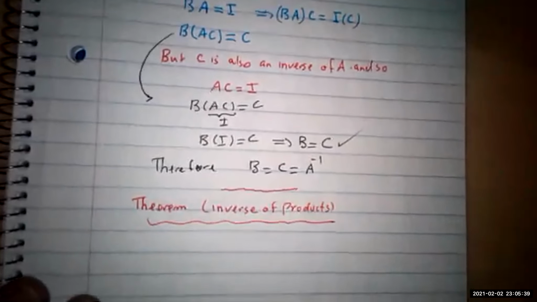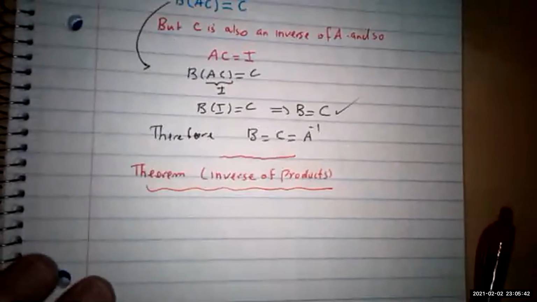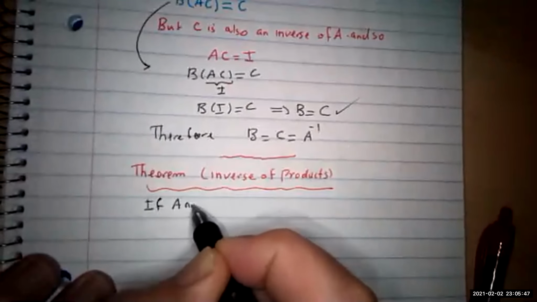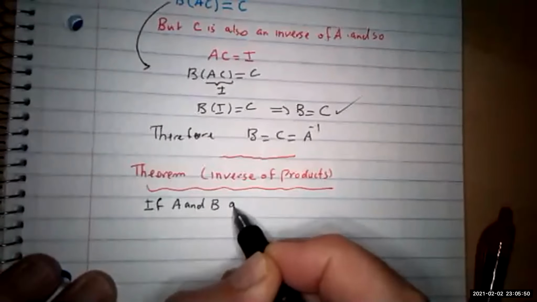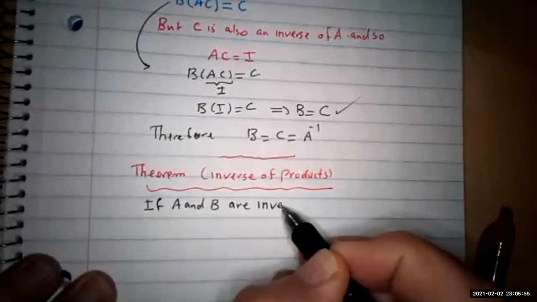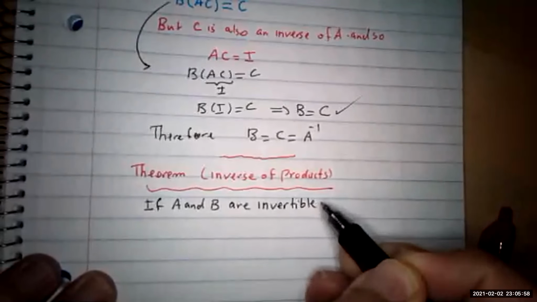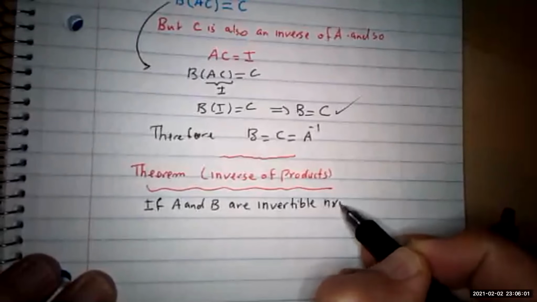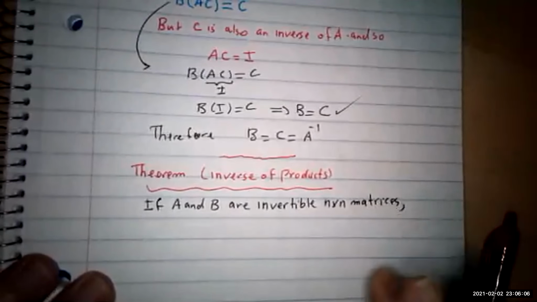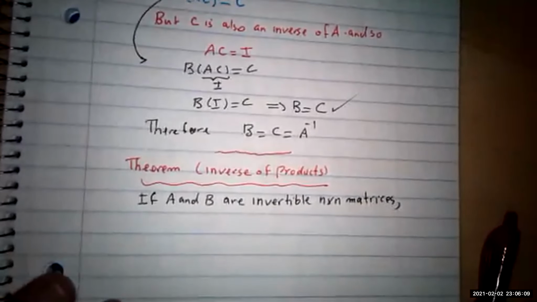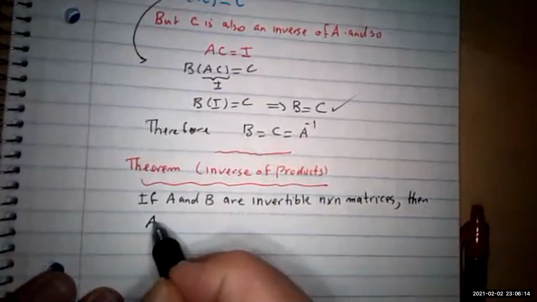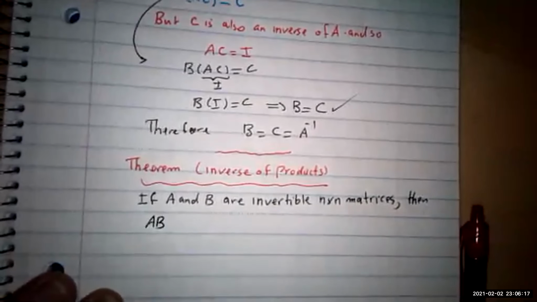What we want to show is that if A and B are invertible n by n matrices, then their product AB is also invertible.